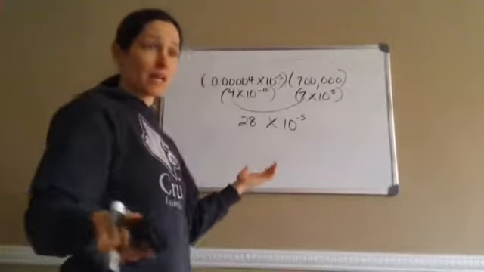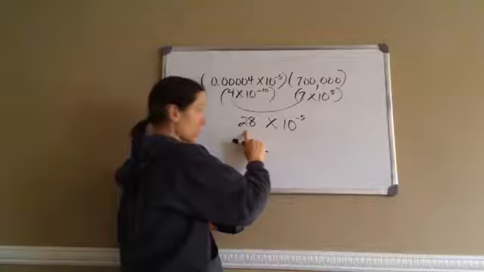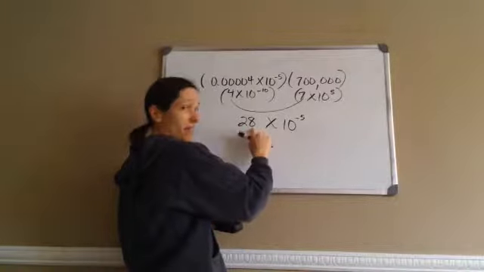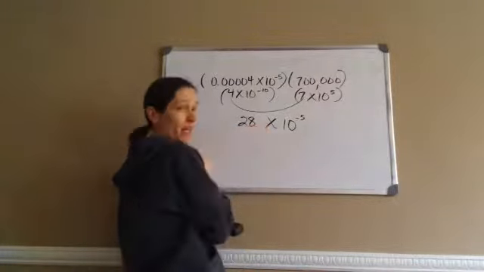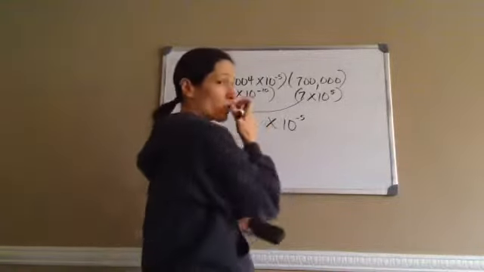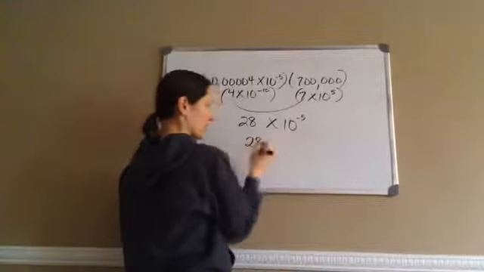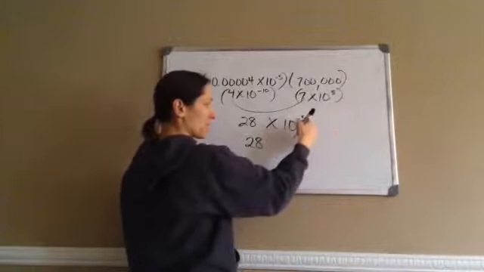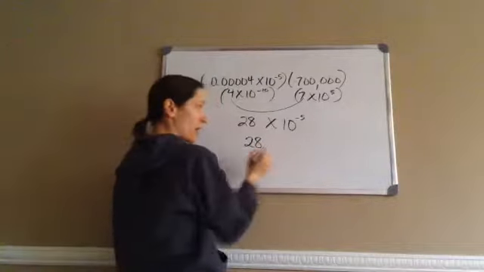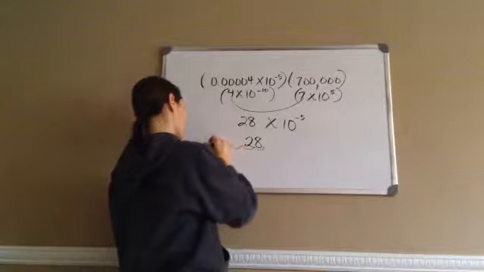Now, you would think I'm done. I answered it, but guess what? There's a problem. Look right here. 28, the decimal's right here even though you can't see it. Where is it supposed to be? After the 2. Okay, so watch what I do. I'm actually going to write this 28 into a standard number. 28 times 10 to the negative fifth means right now it's here, and it wants me to go negative 5. 1, 2, 3, 4, 5.